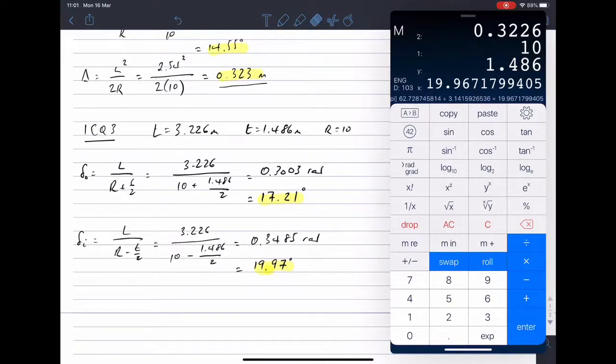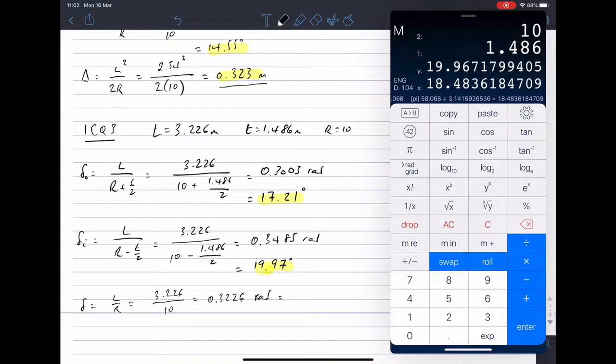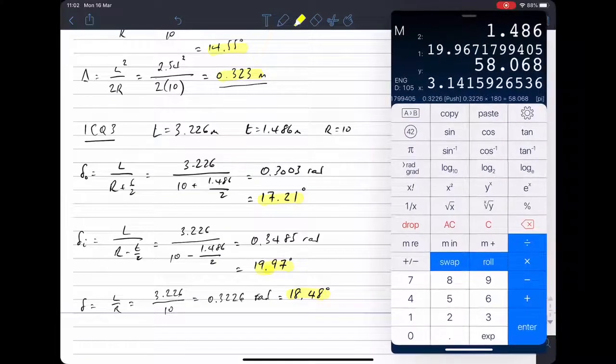And then we've got delta, which is 18.48 degrees.